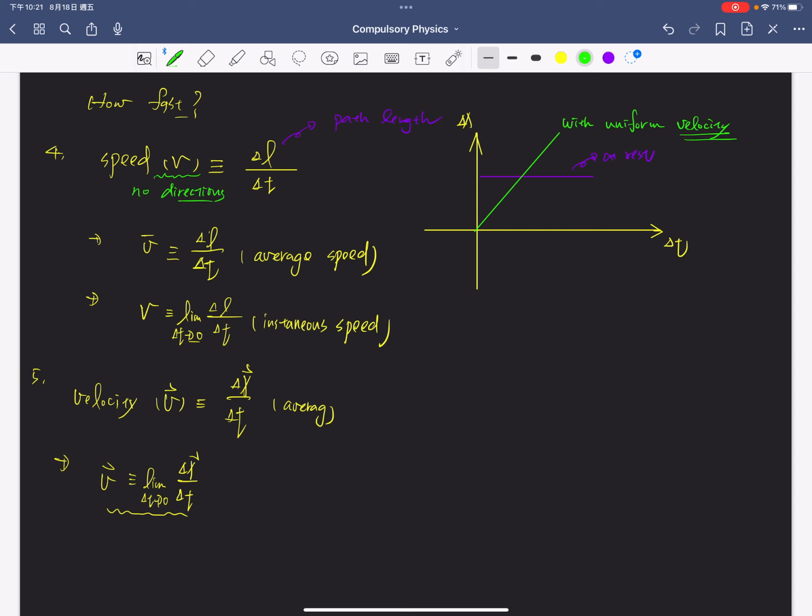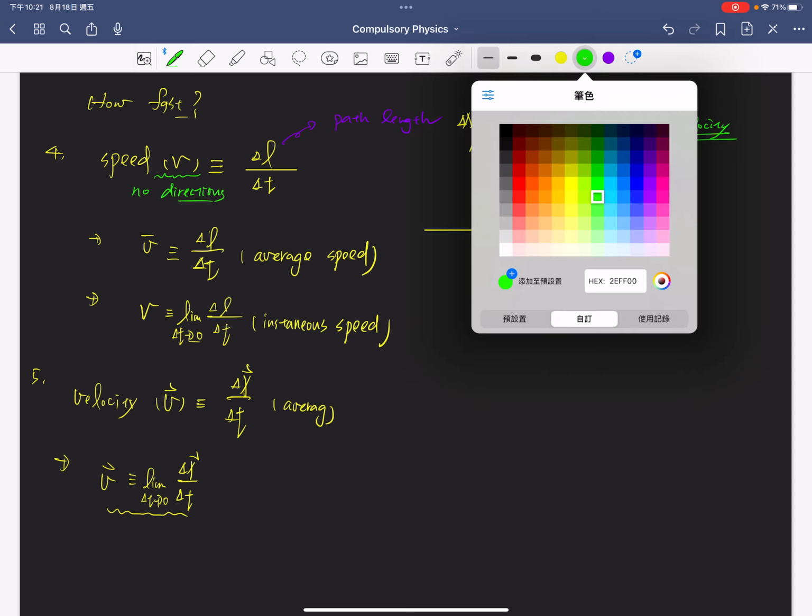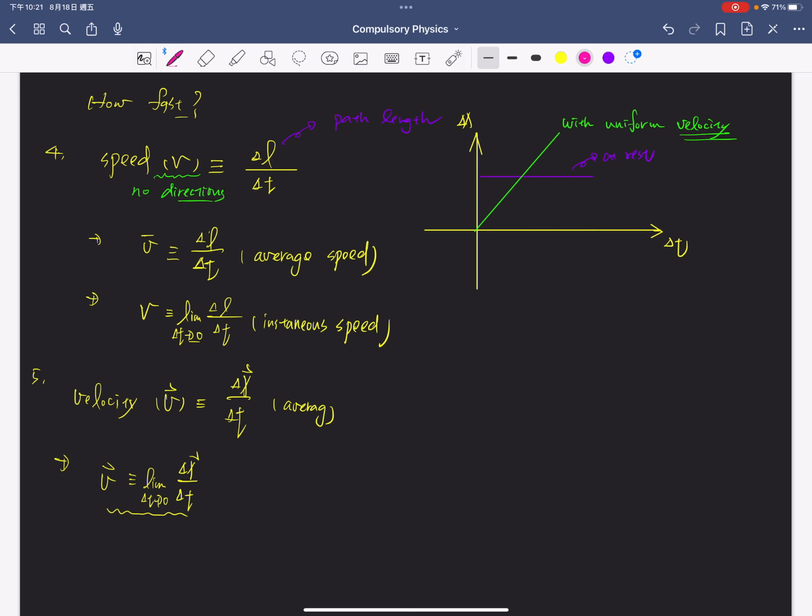Also, if your line is a curved line, this is a parabola curve. And if we change to the other kind, velocity versus time, this is v and here is t.